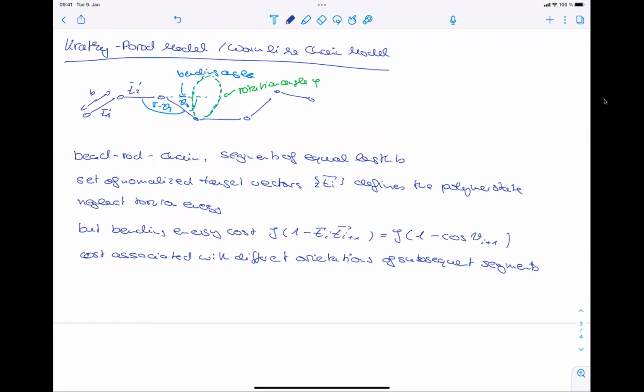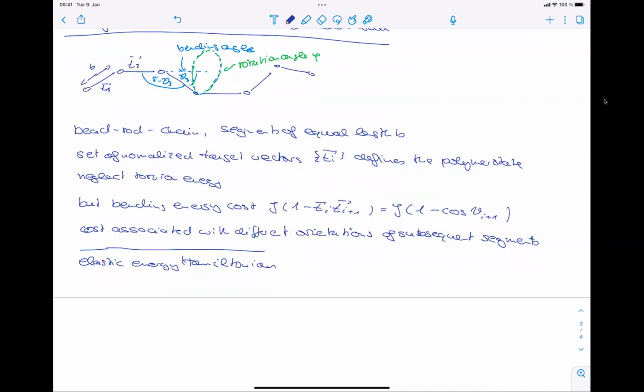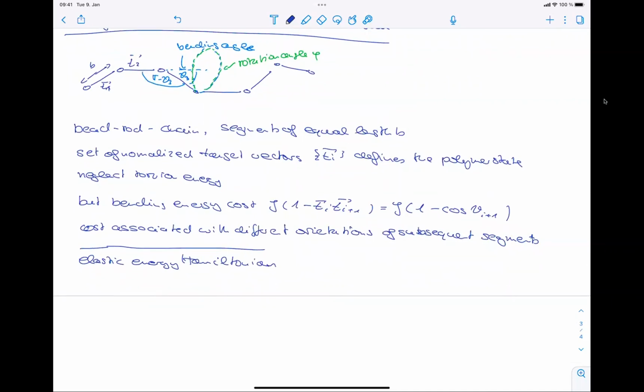And as we're going to see, we can write this as an elastic energy Hamiltonian. That's for the worm-like chain, just to give this as a heads up, where we have a minus J, sum over i going to 1, Ti times Ti plus 1, right?